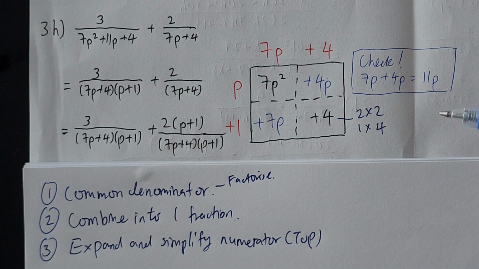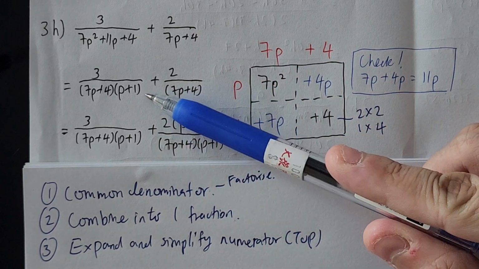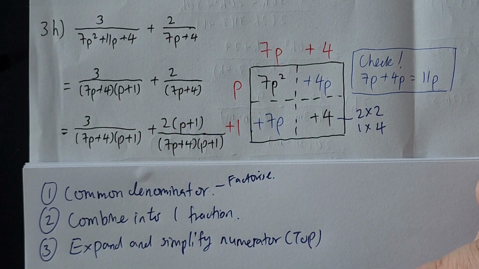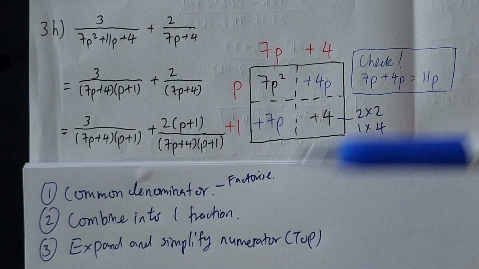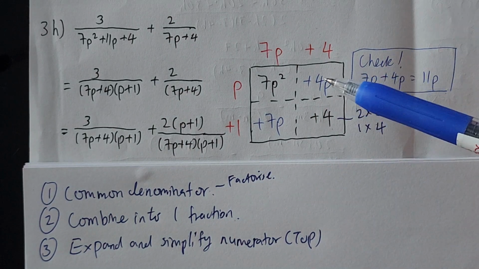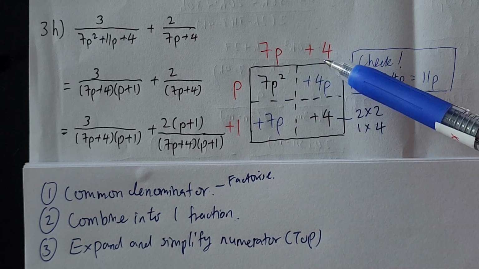Now, this factorization, you must do it with patience, because this year in Sec 3, it is no longer just a question by itself. It's part of a longer question. So if you make a mistake here, it's going to affect your entire question. Over here, I would like to share with you some tips on how to guess the factor.